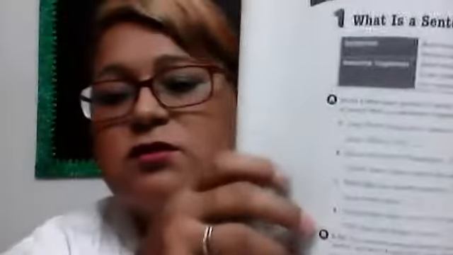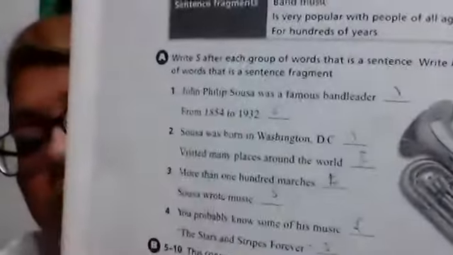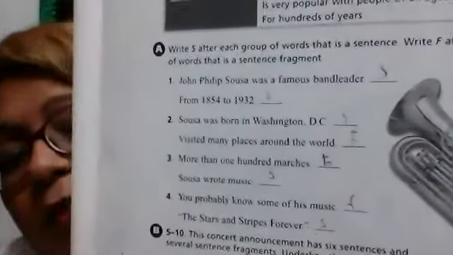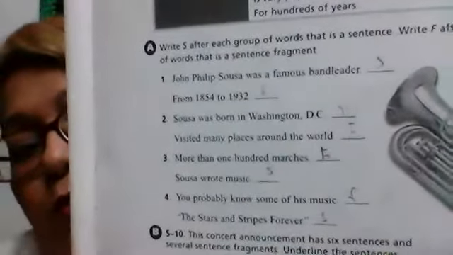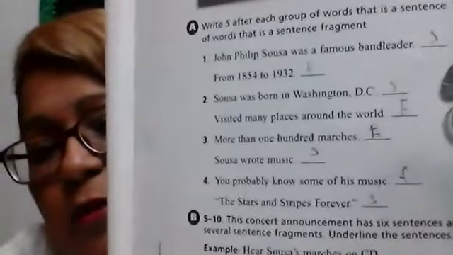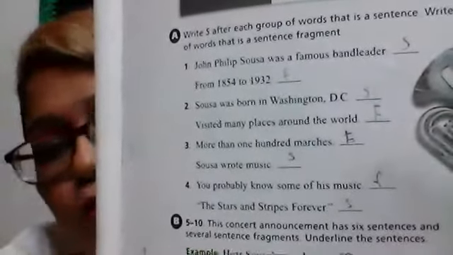So here, Lulu helped us solving this practice that was very short. Can you see it here? Number 2, Sousa was born in Washington, D.C. That is a sentence. Visited many places around the world is a fragment.